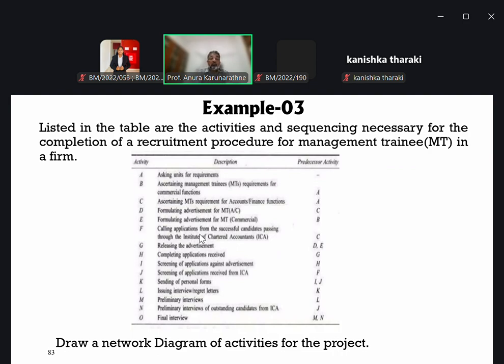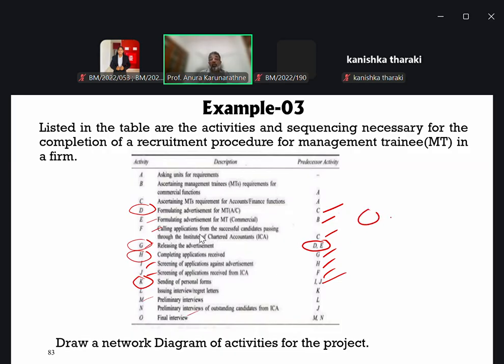Here, we can start from A. B we can start after completing A. B and C, we can start after completing A. D, we can start after completing C. E, we can start after completing B. F, we can start after completing C. In order to start G, we have to complete both D and E. In order to start H, we have to complete G. In order to start I, we have to complete A. In order to start J, we have to complete F. In order to start K, we have to finish both I and J. Likewise, here you are given this information.